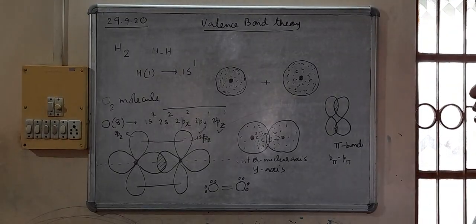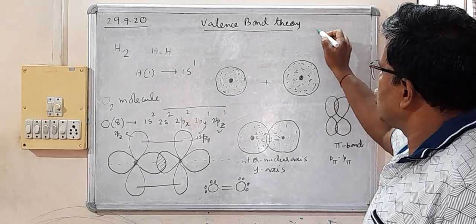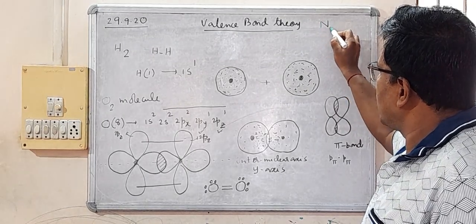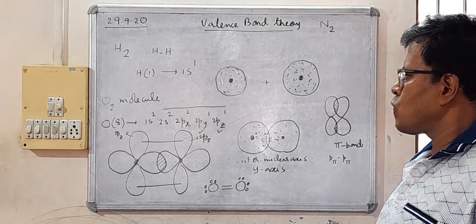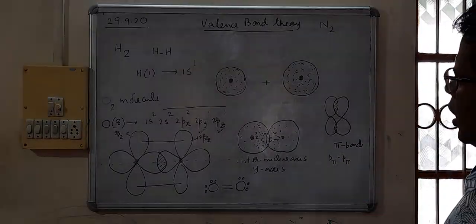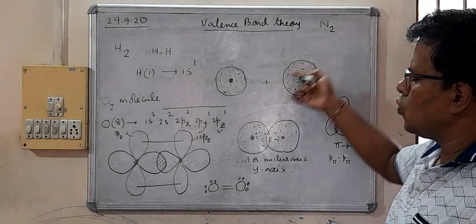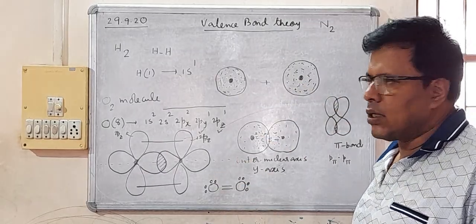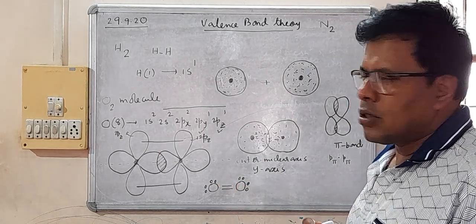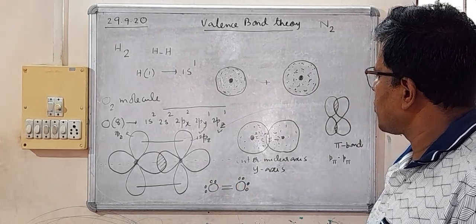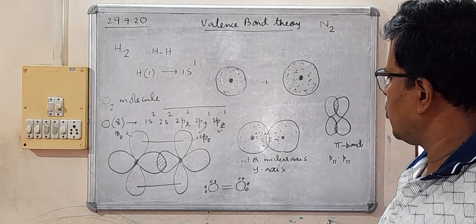Now, coming to the case of N2 molecule. If we do it this way, we will see that there is an N triple covalent bond.